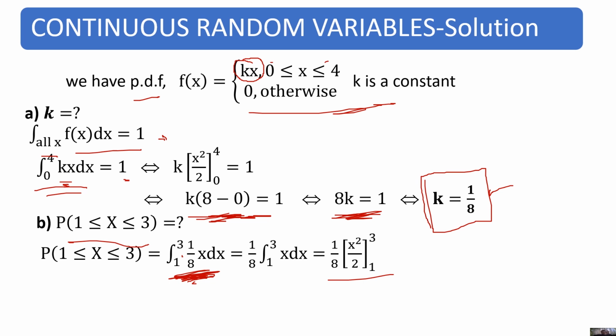We replace x by 3 and x by 1 and subtract the solutions. When we do that, this will be 1 over 16 times 9 minus 1, which is equal to 8 over 16, or 1 over 2.